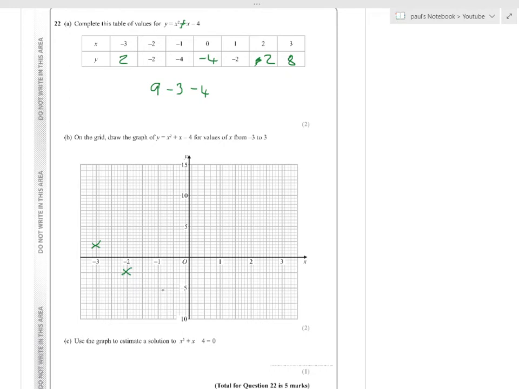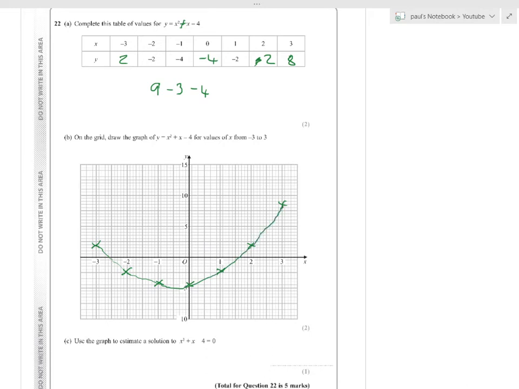Minus 1, minus 4, it's going to be about there. 0, minus 4 is going to be about there. 1, minus 2 is going to be about there. And 2, 2 is there. And 3, 8, maybe up there. And draw them, don't go beyond the edge. And down here, don't forget we're going to dip just below there.